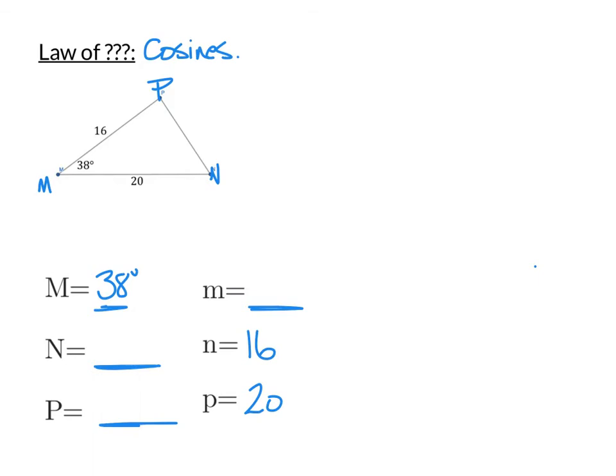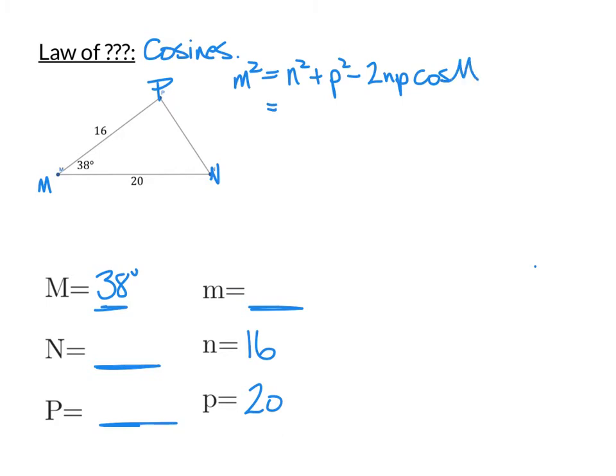I'm going to find the side length first. So using the law of cosines, remember it looks a lot like Pythagorean theorem, that m squared is going to be n squared plus p squared. And then we just have to subtract 2np cosine of m.